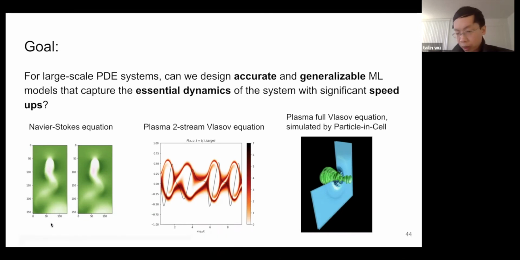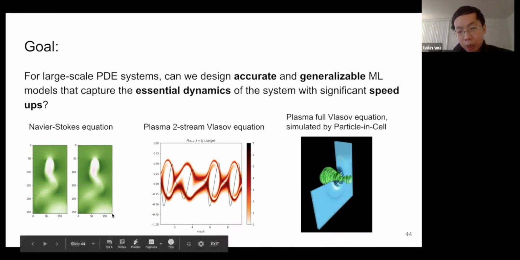But what we are really trying to do is to go into much larger scale systems and speed up these systems. So now I will introduce our ongoing work and our plan on how to tackle this.